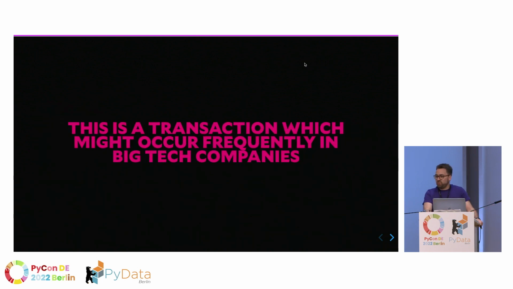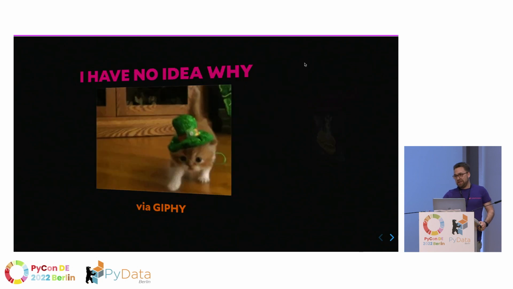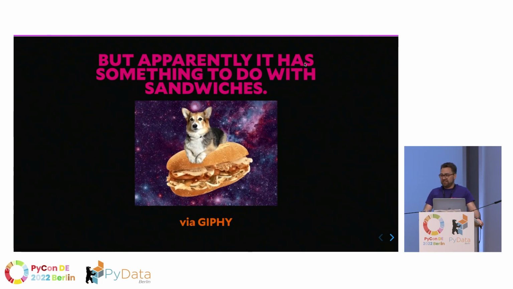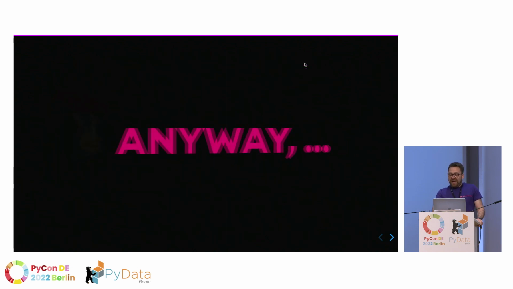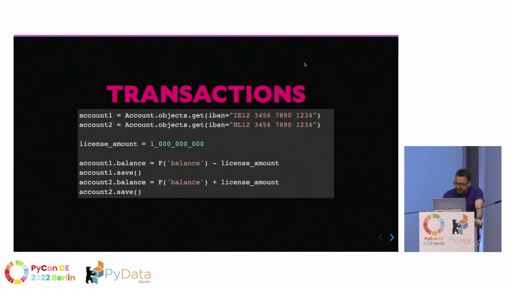This is a transaction which might occur frequently at big tech companies, and I have no idea why, but apparently it has something to do with sandwiches. Anyway, back to the code. We deduct an amount from one particular account and credit this amount to the other account.